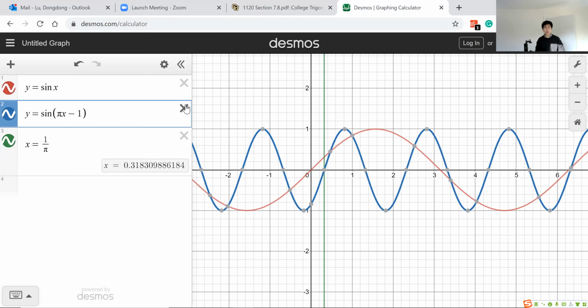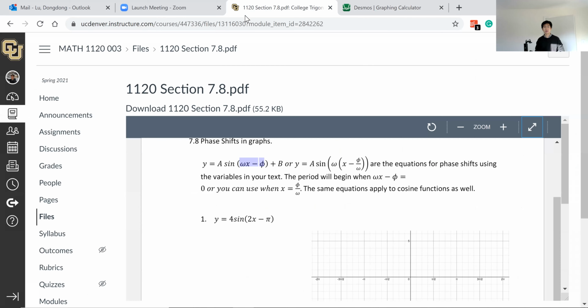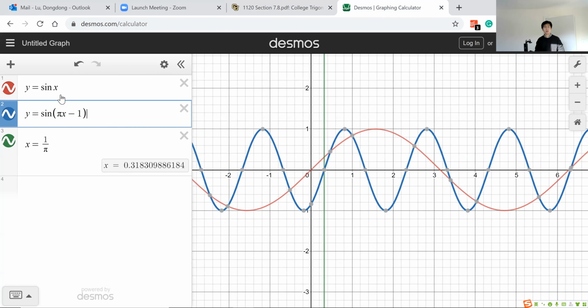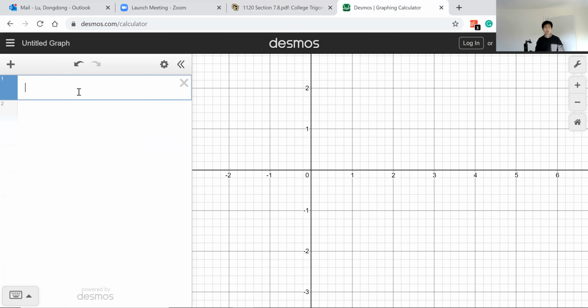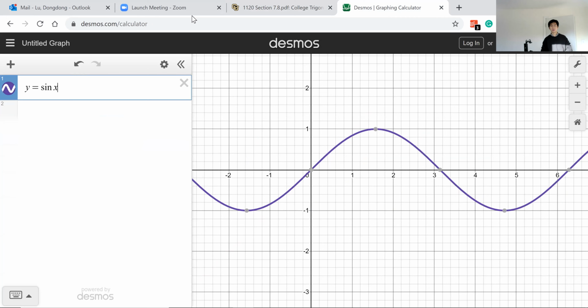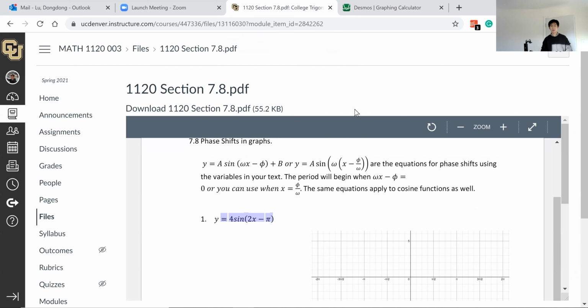So let's first draw the class notes functions on Desmos to see how they behave. Then we draw them by hand. The first function we are going to draw today is y equal to 4 sine (2x minus pi). Let's see how that looks. y equal to sine, not sine x, sine (2x minus pi).